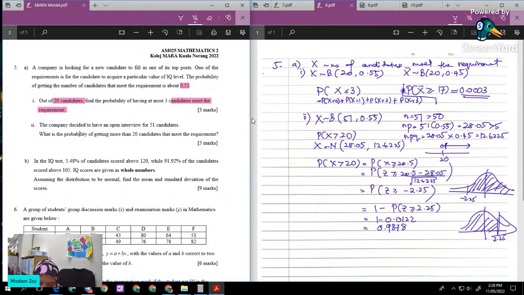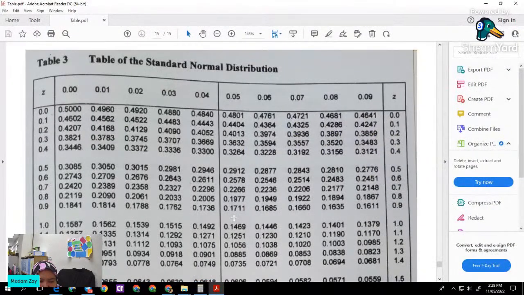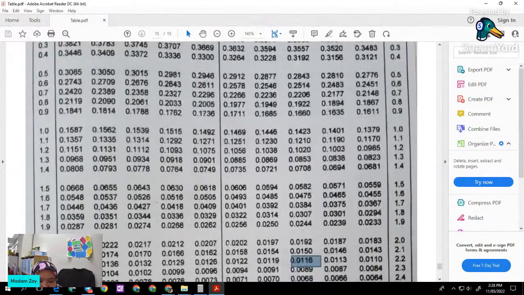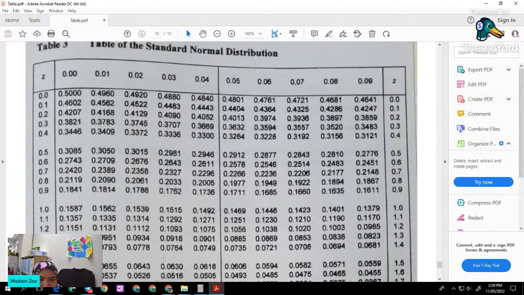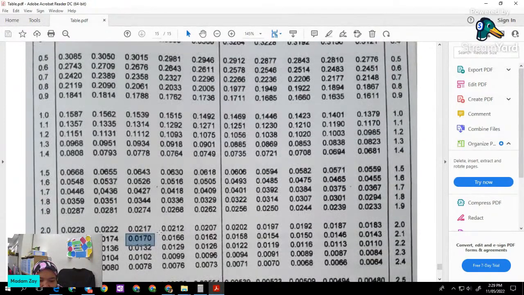Saya salah tolak ni. 20.5 tolak 28.05 bahagi square root 12.6225. Negative 2.12. 2.13. Silap, 2.13.